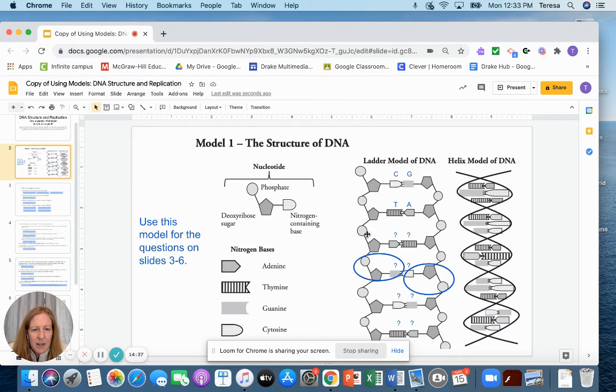Okay, here's my ladder, and I'm comparing the ladder to the helix. Well, what happened from the ladder to the helix is I took my ladder and I started twisting it. Okay, that's why you have these lines that are crisscrossing. They're crisscrossing because the ladder twists. Okay, and so it's actually a twisted ladder, or sometimes people describe it kind of like a spiral staircase.